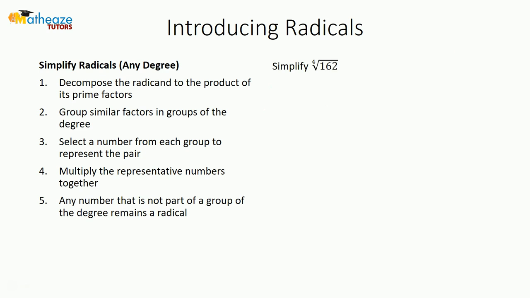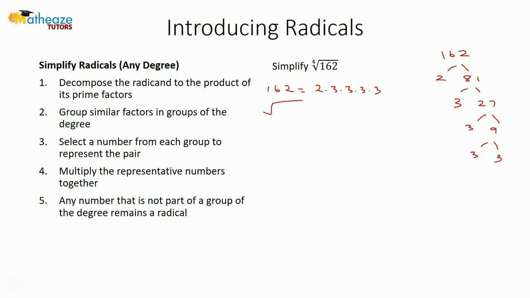And a final example here, 162. We have 2 and 81, 3 and 27, 3, 9, and then 3, 3. So 162 is 2 times 3 times 3 times 3 times 3.